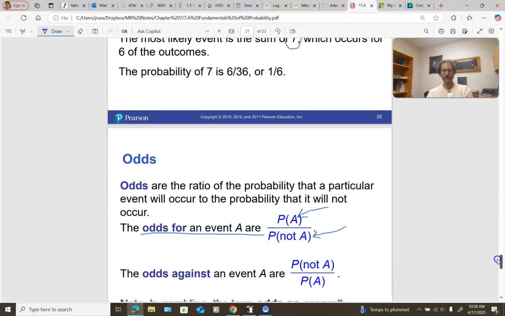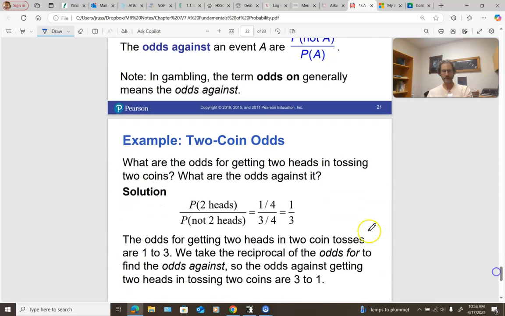So the probability of getting exactly 2 heads is 1/4. The probability of not getting 2 heads, well, that means getting either 0 heads or 1 head. Or in other words, if there's one outcome in which you obtain 2 heads, that means the other 3 outcomes are not 2 heads. So the probability of not getting 2 heads is 3/4.